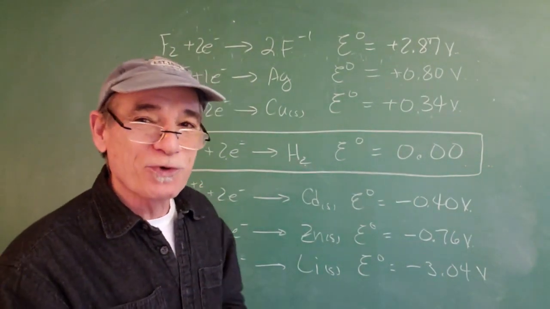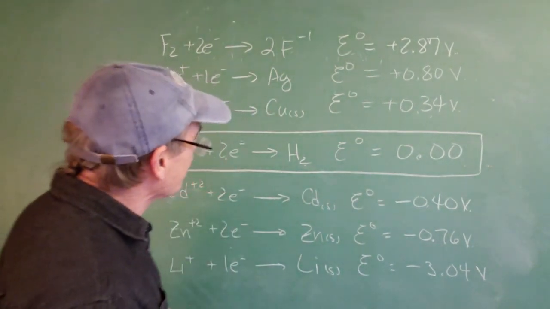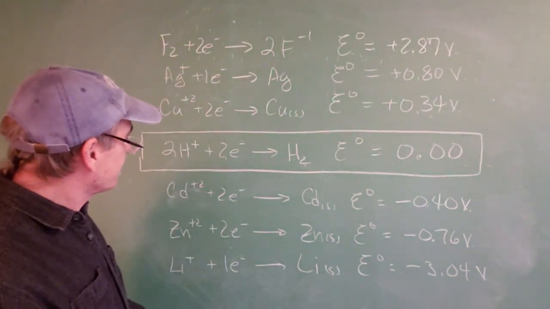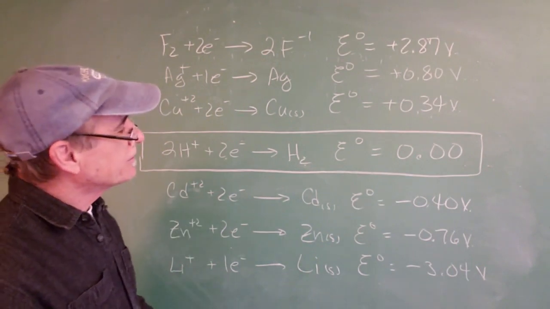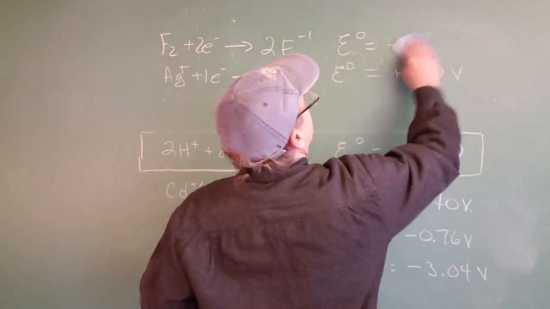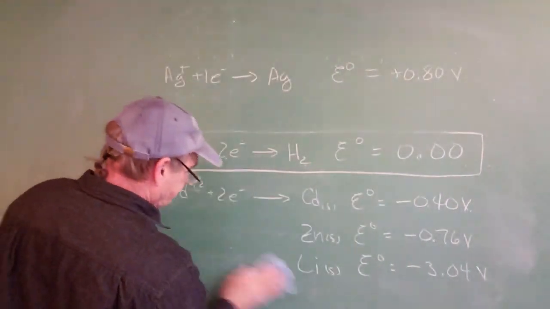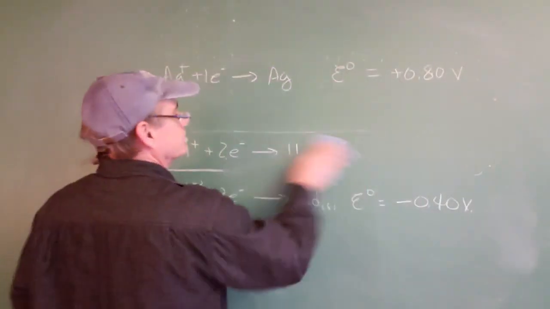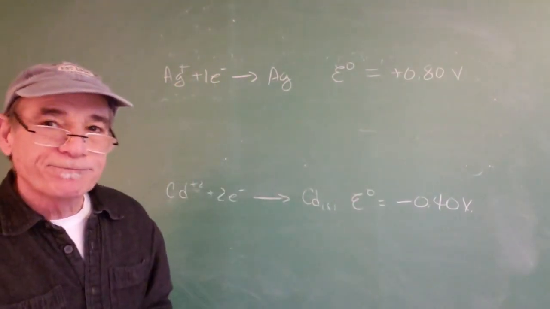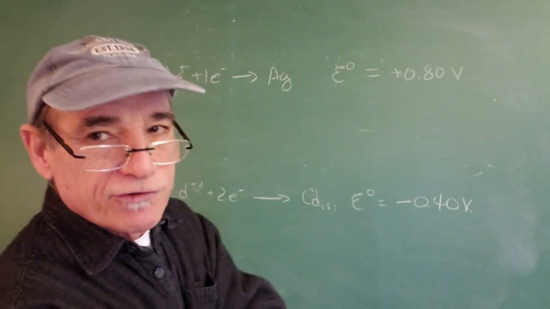All right, well, here's how this works then. Suppose I want to make a battery, and let's use something like silver on one end and cadmium on the other. All right, well, let me get rid of everybody else. Okay, so I want to make a battery out of silver and cadmium.